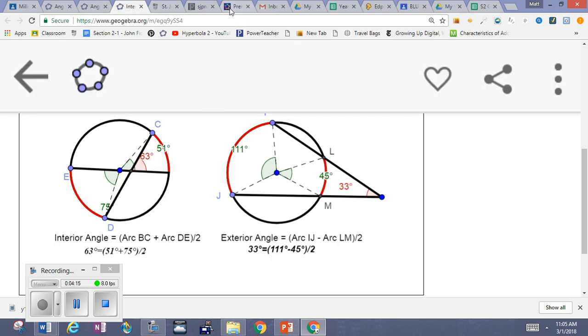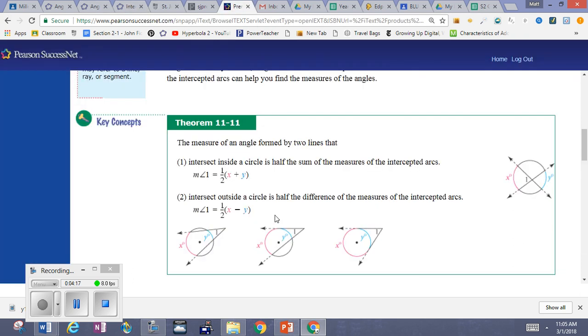But moreover, there are these other cases. There's the case here, again an exterior angle, still the same formula, formed a little differently, with a secant ray and a tangent ray. A ray touching at one point, which is tangent, and one touching at two points, which is a secant.